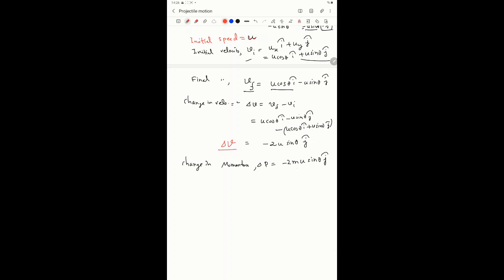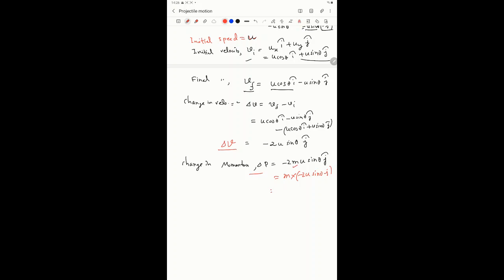If we multiply this by the mass of the particle, it becomes the change in momentum, delta p equals mass times change in velocity, where m is the mass, so m times minus 2u sin theta j cap.